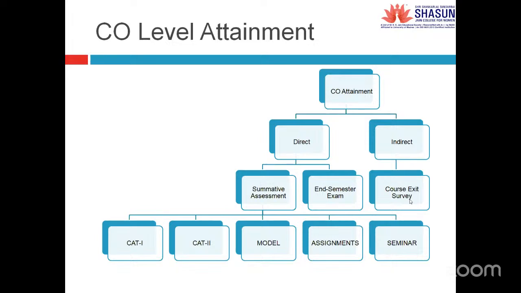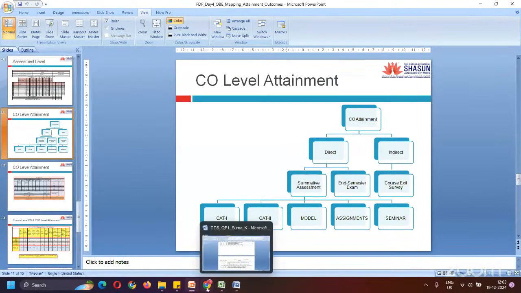I'll be showing you a sample of how the course exit survey has to be done. You can collect it in a Google form, or any mode of survey collection. For this indirect assessment, you are going to post all your COs as questions. I'll be showing you a sample so that you can better understand.